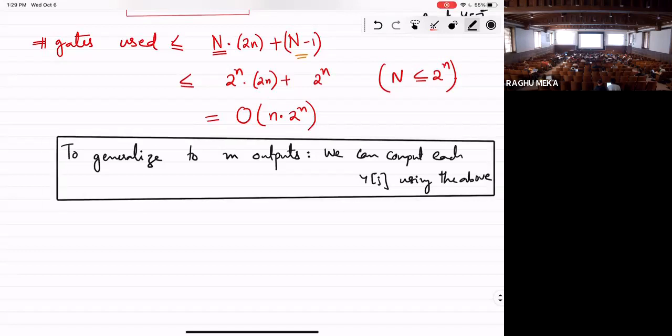To compute a single bit of the output, I take n times 2 to the n. For the second bit, again, I take n times 2 to the n and so forth. So I multiply everything by m, the number of output bits, and I get a Boolean circuit for my function f.